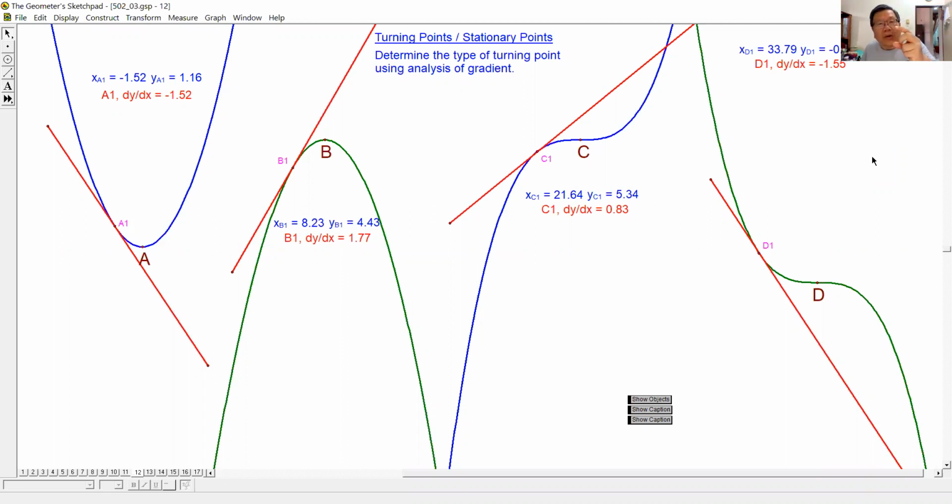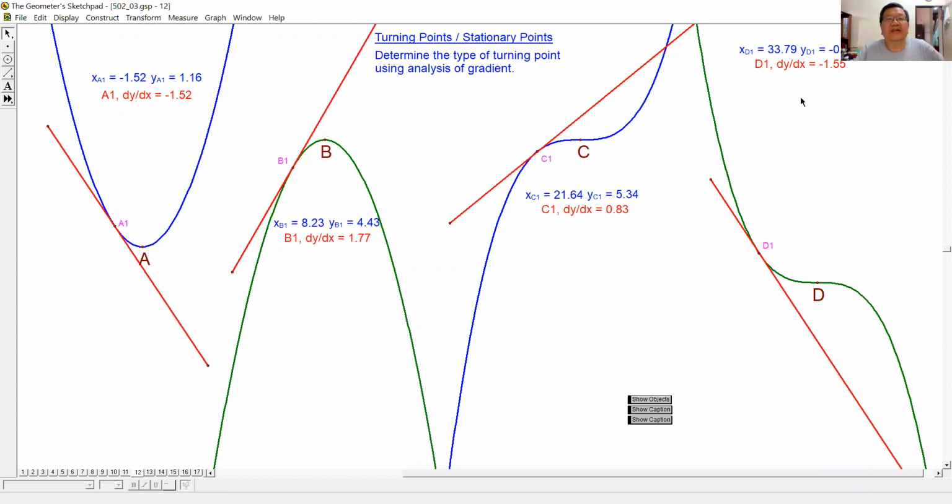So there are 2 methods of determining the type of turning point, whether it is a maximum or minimum. We are more interested in maximum or minimum. This point of inflection, not interested. So there are 2 methods of finding out whether they are maximum or minimum point.